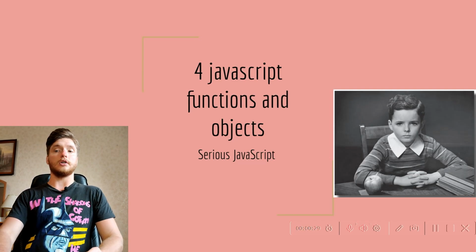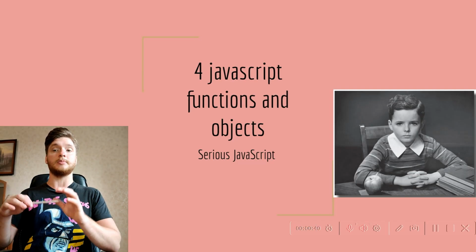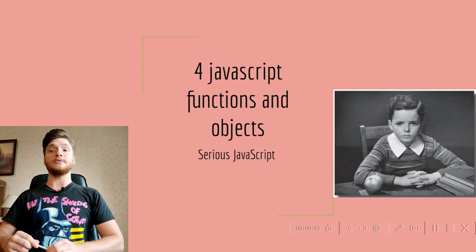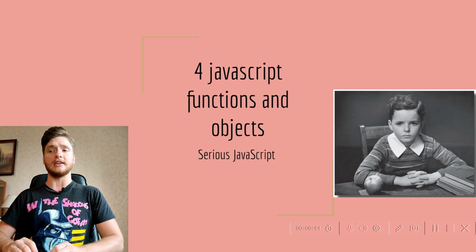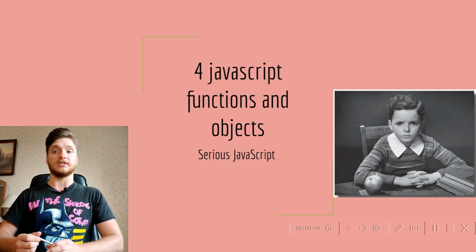Can you call yourself a scripter yet? Probably you already know your way around a lot of JavaScript, but who wants to be a scripter when you can be a programmer? It's time to get serious and take it up a notch. It's time to learn about functions and objects.